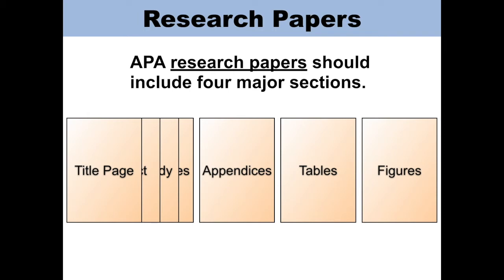Now, I should note that tables and figures do not need to be added at the end of an APA paper. It is also possible to put a table or a figure within the main body of a research paper. Personally, I prefer to put them in the main body because then they are easier to refer to.